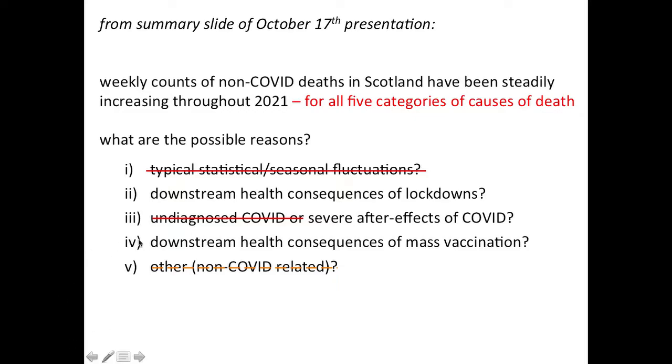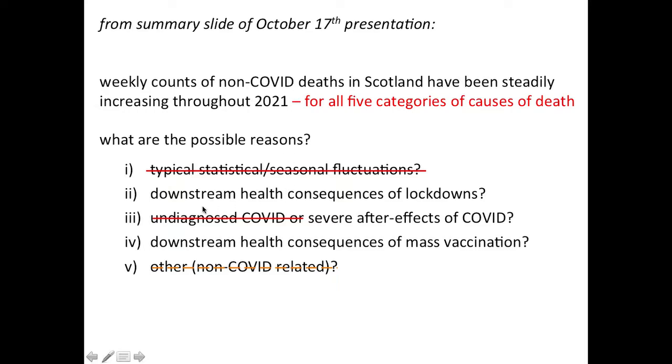We showed that it's very unlikely that what we're seeing is a seasonal fluctuation. We also said that because all 5 categories of causes of death are showing an increasing trend, it's very unlikely that what we're seeing is undiagnosed COVID bleeding into this non-COVID mortality data. That's highly unlikely. That leaves us then with these other possibilities.